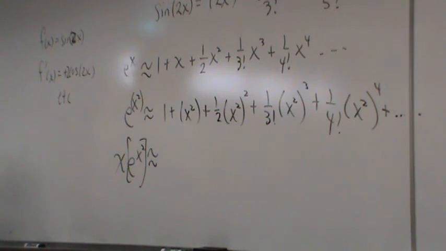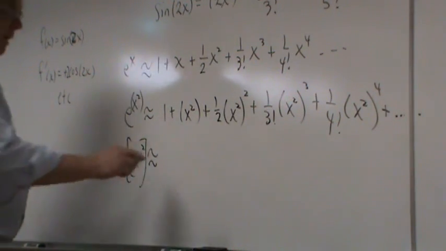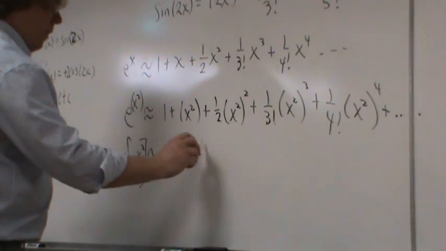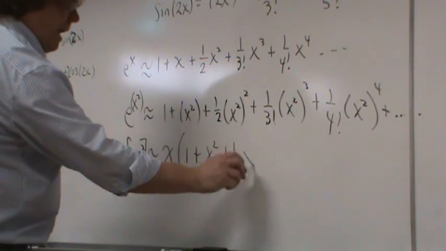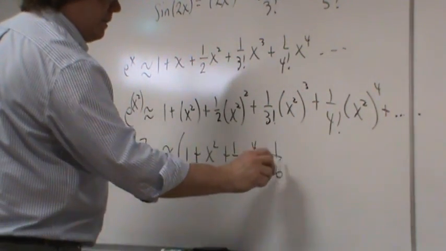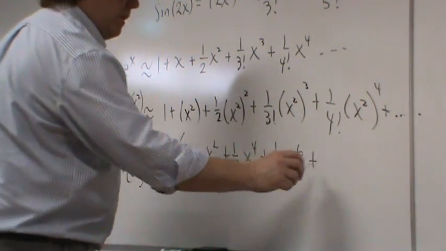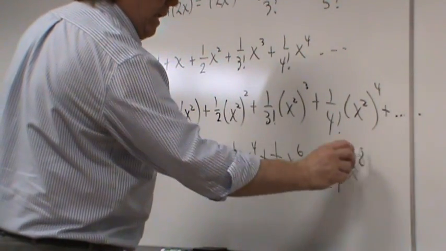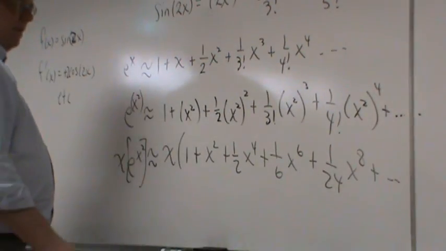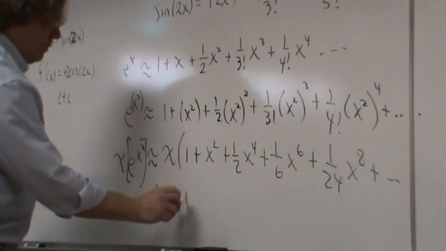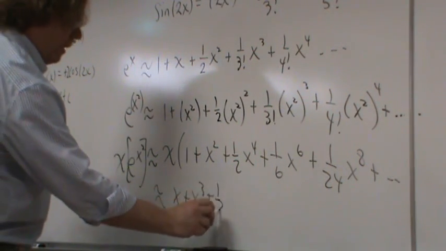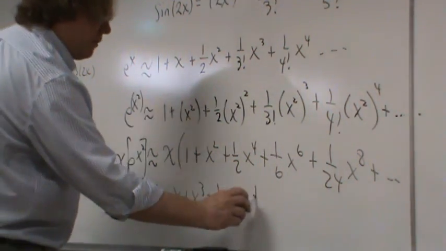Yeah, thank you, Brandon. Multiply by x. This is going to be x times 1 plus x squared plus 1/2 x to the fourth plus 1/6 x to the sixth plus 1/24 x to the eighth plus dot dot dot, right? Which ends up getting me x to the third plus 1/2 x to the fifth, etc.